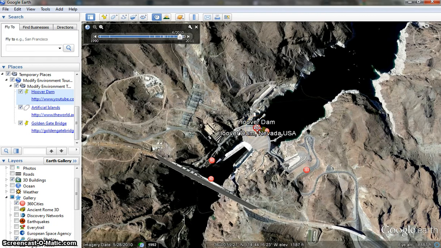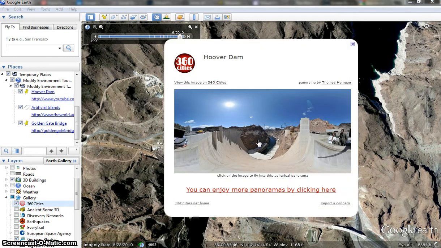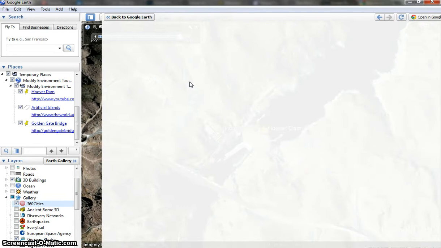The Hoover Dam is in the Black Canyon of the Colorado River on the border between Nevada and Arizona. So let's go take a look at one of these pictures real quick so we can see.